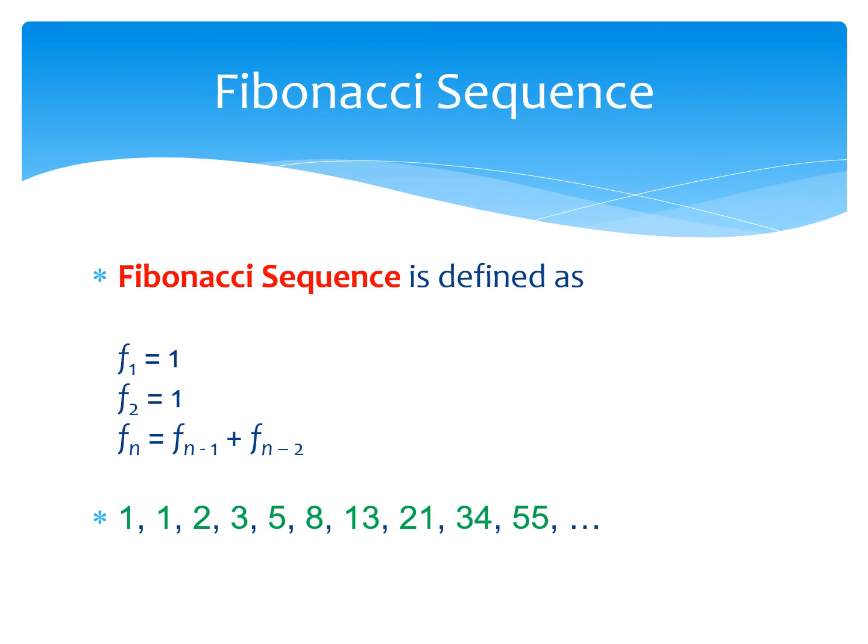The numbers in green are Fibonacci numbers. As you can see, the first two numbers are 1. And the third number, 2, is the sum of the previous two numbers, that is 1 and 1.